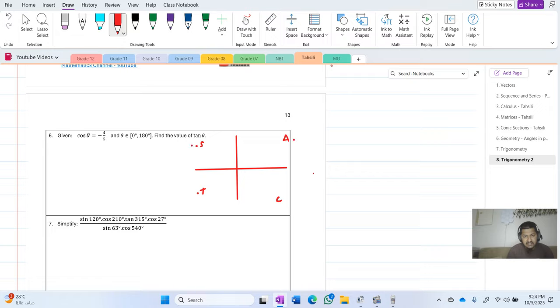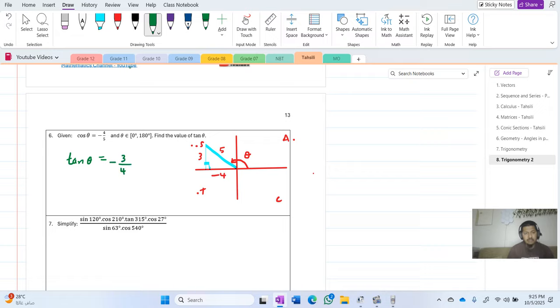Now we know that cos theta is negative 4 over 5, so adjacent, hypotenuse, that's the angle theta, and the opposite will be 3, a 3, 4, 5 triangle, Pythagorean triples. So what's the value of tan theta? Tan theta is equal to opposite over adjacent. Opposite is 3 and adjacent is negative 4. So 3 over negative 4 is the same thing as saying minus 3 over 4. So you have to draw a diagram to solve tan theta. I hope you guys are understanding.